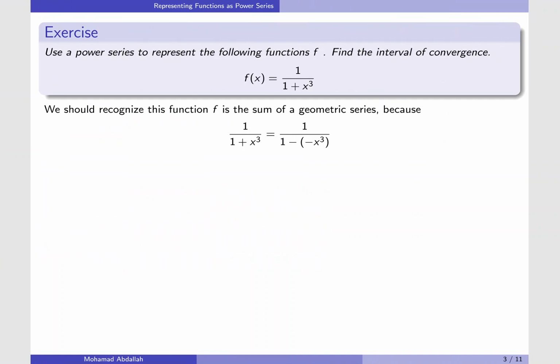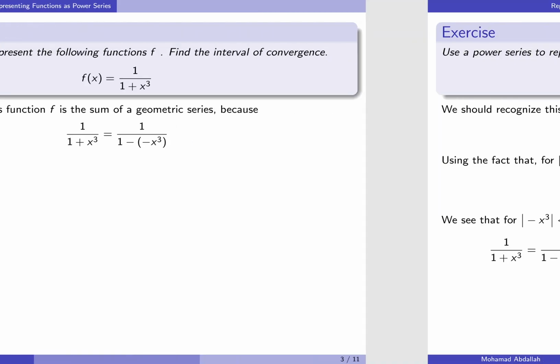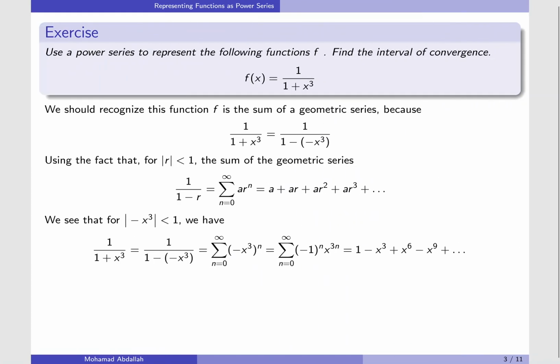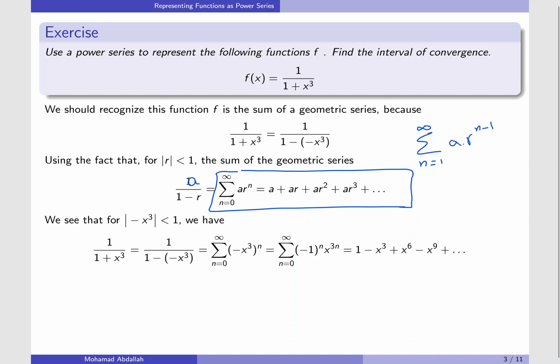Here's the complete solution. As I said, the first step is to write 1 over 1 plus x cubed as 1 over 1 minus negative x cubed. Then we use the fact that a over 1 minus r is the sum from n equals 0 to infinity of a times r to the power n. This is something that we have seen before. Maybe also just to recall, we have seen the sum from n equals 1 to infinity of a times r to the power n minus 1, but it's the same thing.